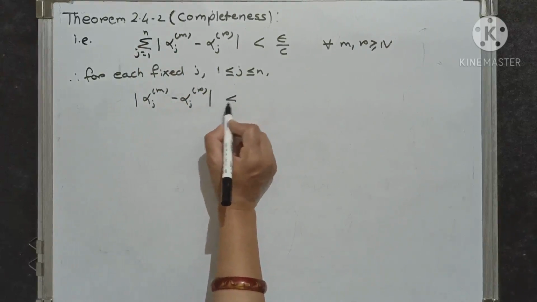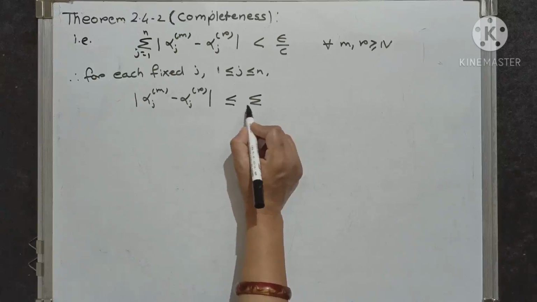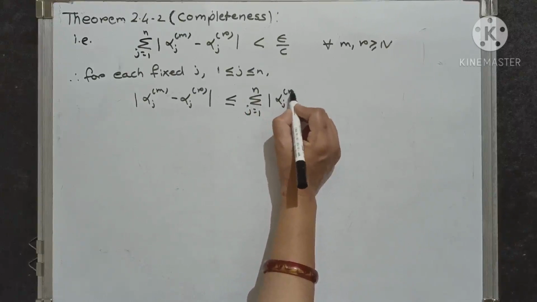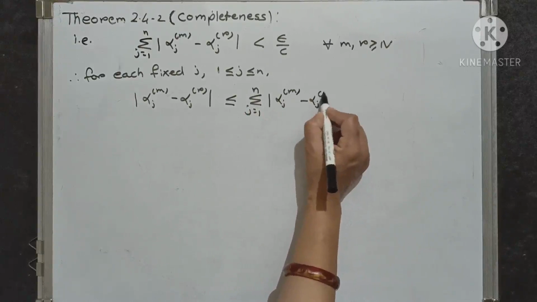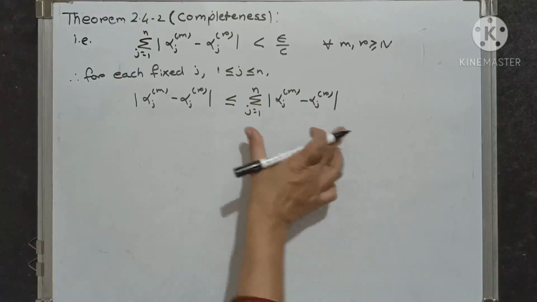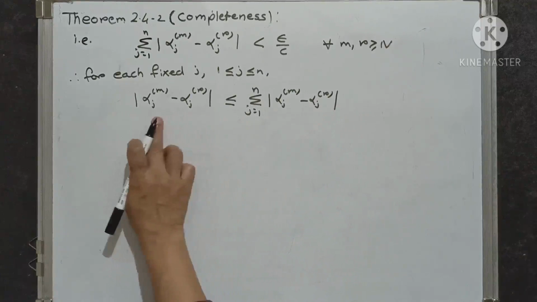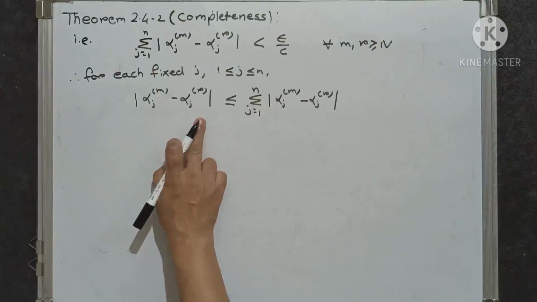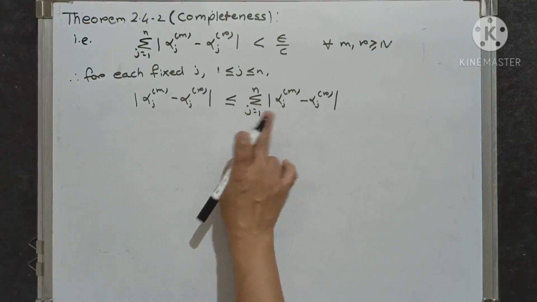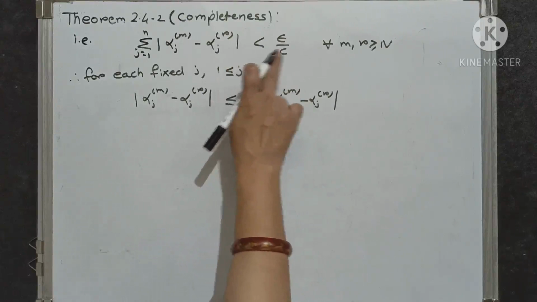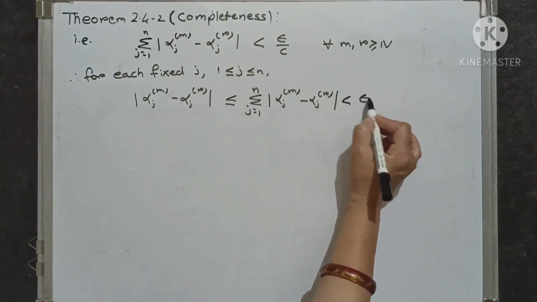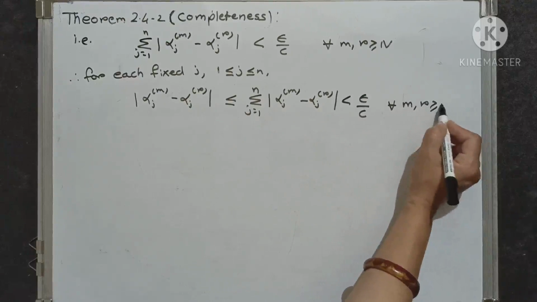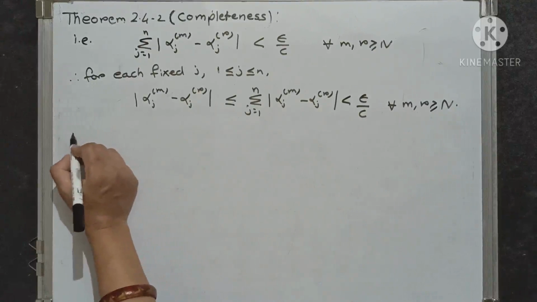It is always less than or equal to the whole sum, the summation over j from 1 to n of mod of alpha jm minus alpha jr. Naturally this term is always less than this sum, but this sum is strictly less than epsilon by c, and it is again true for all m, r greater than or equal to n.